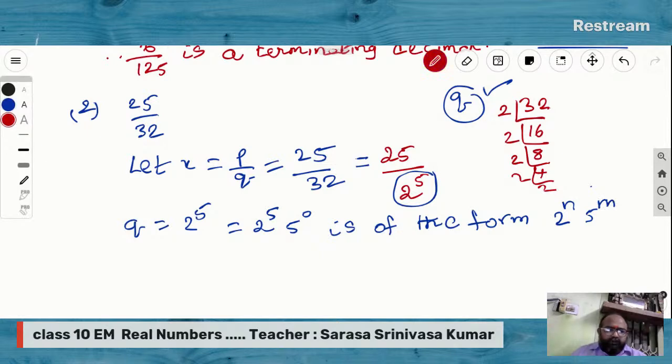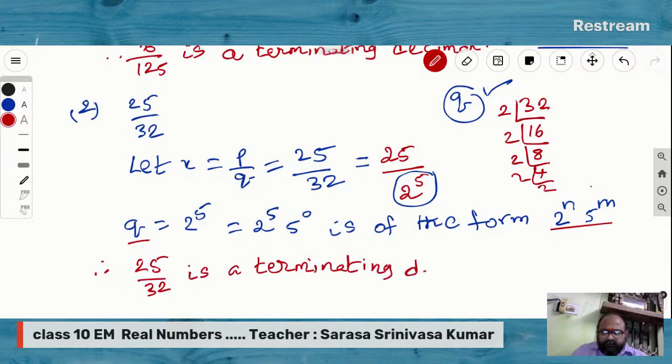So when the denominator q is in the form of 2 power n 5 power m, we get a terminating decimal. Therefore 25 by 32 is a terminating decimal.